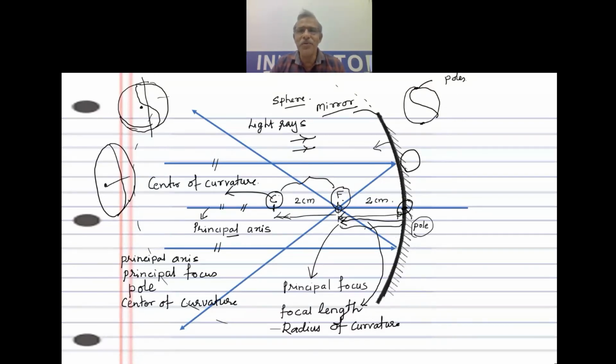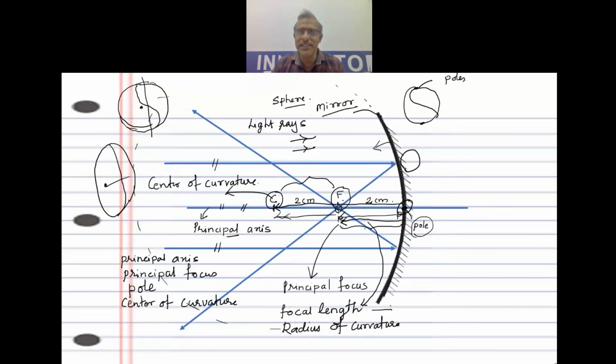The distance from pole to, can you guess? Center of curvature. Is it not the radius actually, geometrically? This is the radius of the sphere of which this mirror is a part. Right?